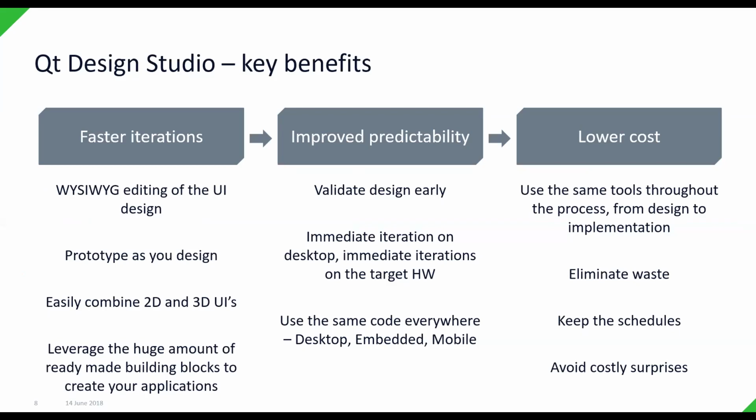You're able to validate and improve the predictability of your design. That has to do with being able to test and validate your design as early as possible. So from Photoshop to actual code, it should just be a matter of a few clicks and exporting those graphic assets.